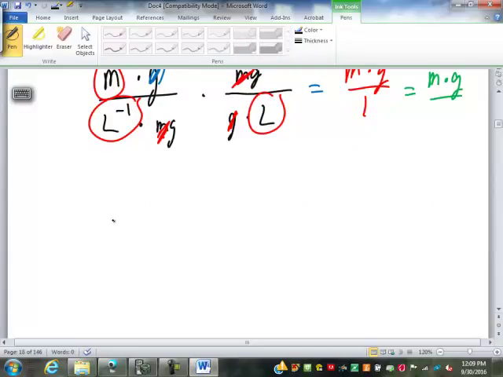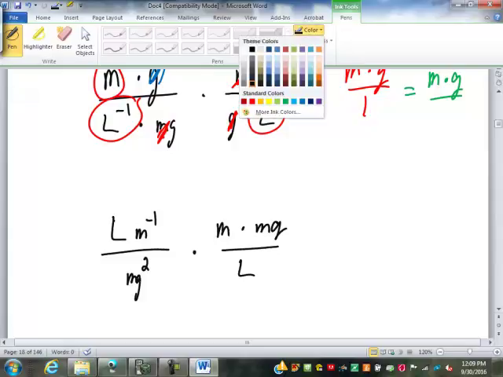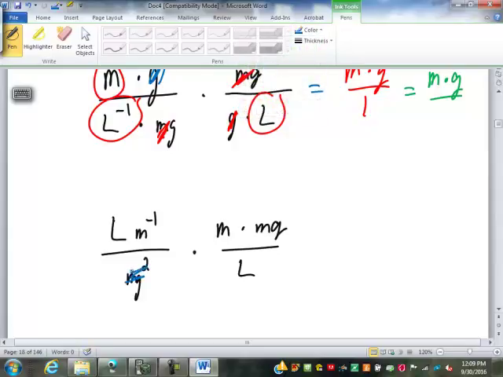Or we might have liters times meters to the negative 1 over milligrams squared times meters times milligrams over liters. Now again, it helps me if I cross off the milligrams squared and I just write milligrams times milligrams.